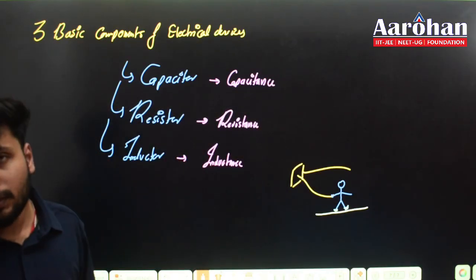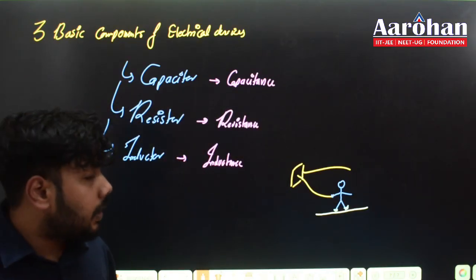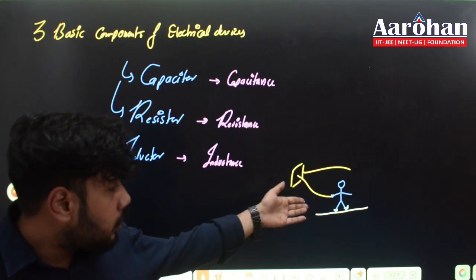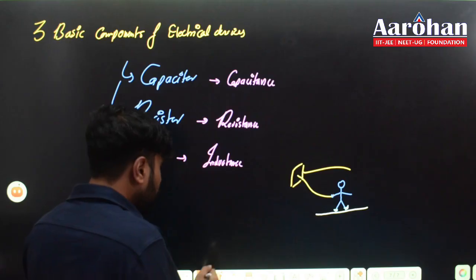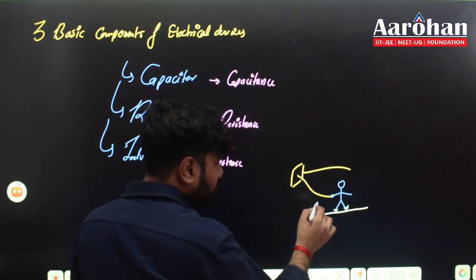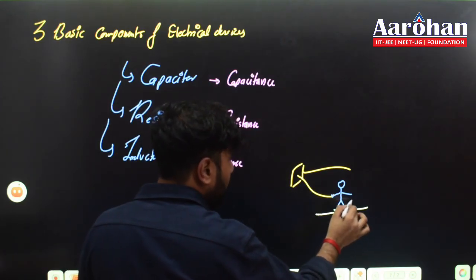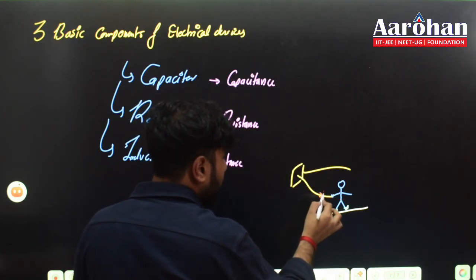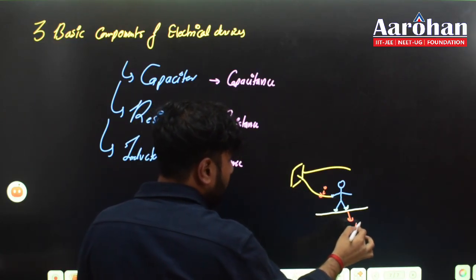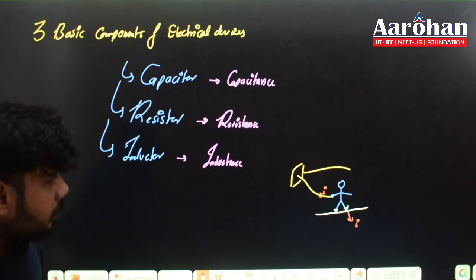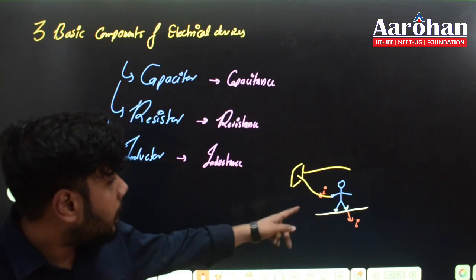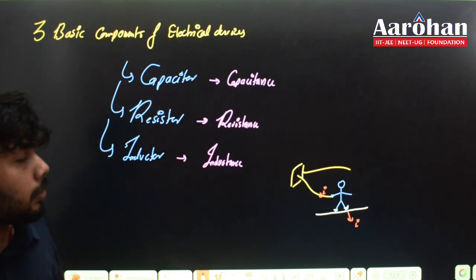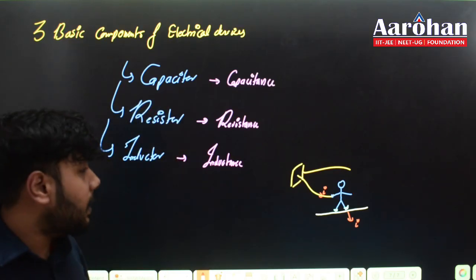And if you know the capacitor, the basic idea of a capacitor is what? Two conductors separated by some insulator. Because of this, you form a circuit, not very strong, but you do form a circuit, and that's why current goes to ground, and you feel the shock. Even though you are not completing the circuit with the power line, you feel the shock because your body has something called parasitic capacitance.